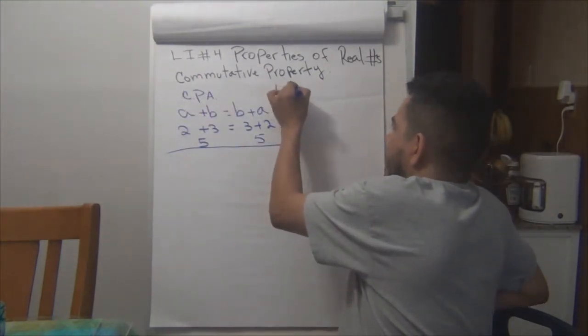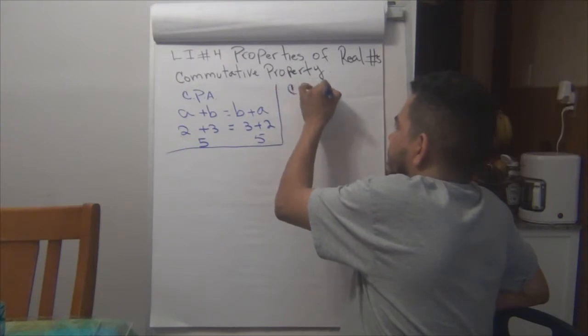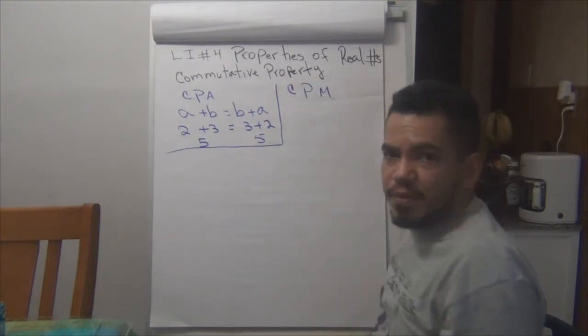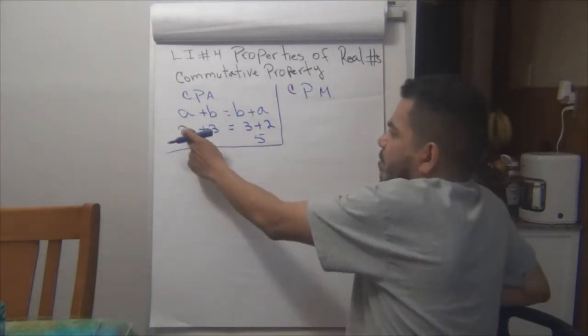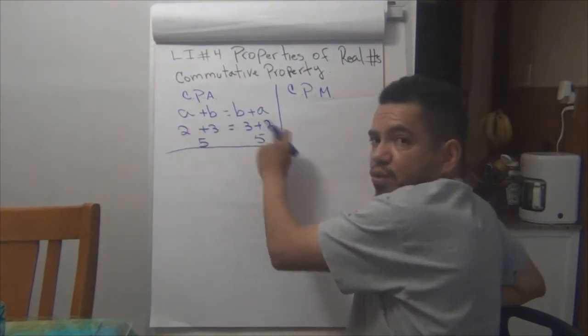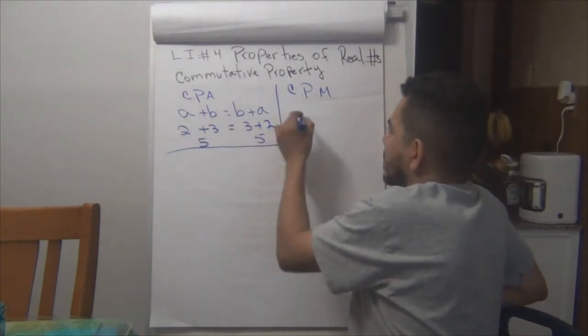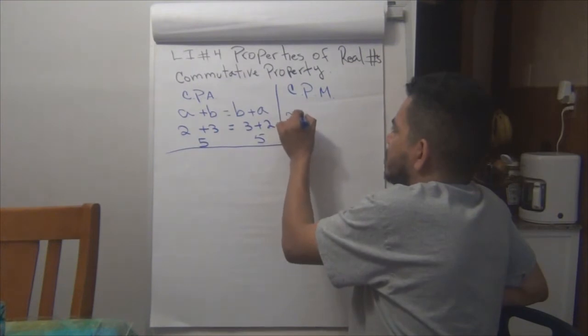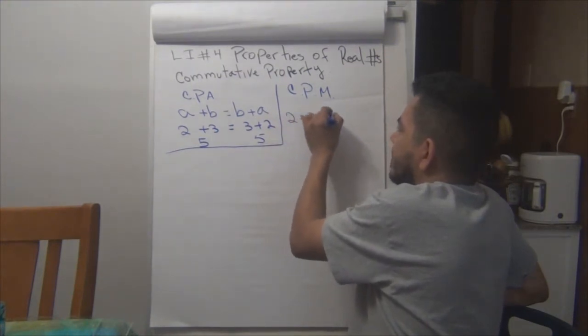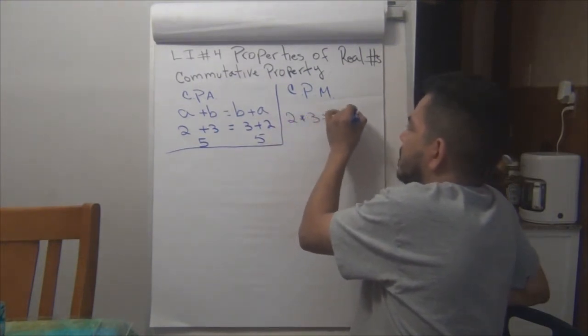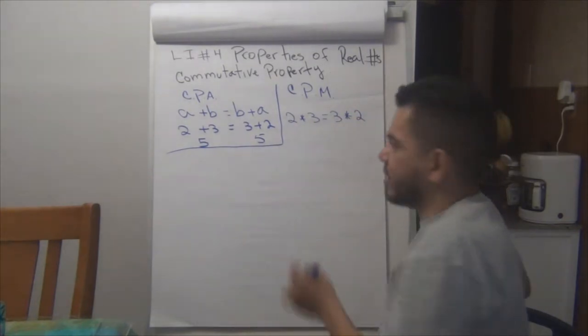How about the CPM? Guess what it means? Commutative property of multiplication. We already established these numbers, so those are the ones I'm going to be using. Look, 2 times 3 is the same thing as 3 times 2, which is what? 6, right?